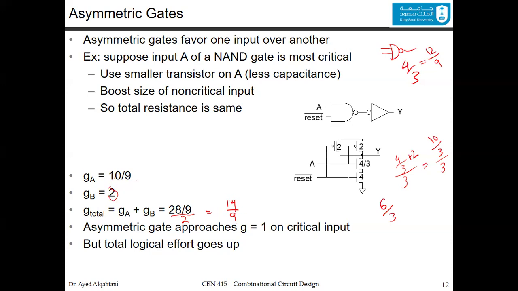This 14/9, if you compare it to the result that we got for the regular NAND, which is 12/9, still it's bigger. That's the whole idea.